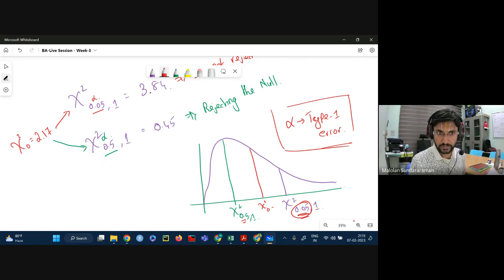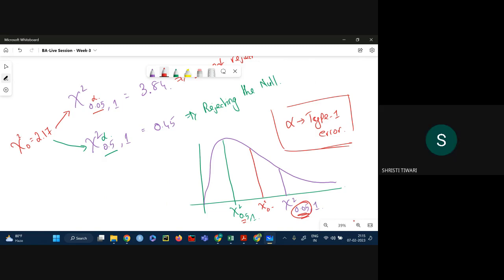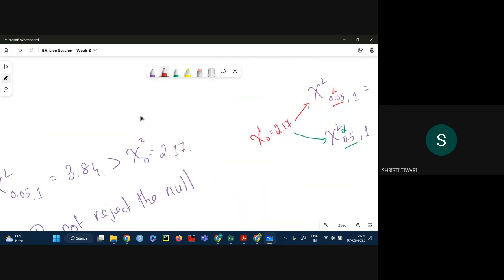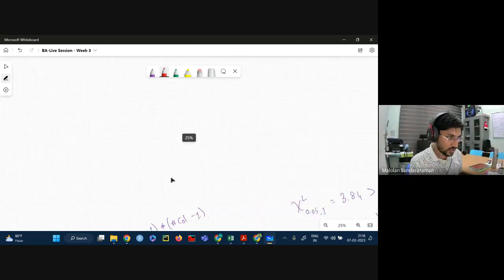So here, for 3.84 in this chi-square test, you do not reject the null. What is the null here? The null never changes.